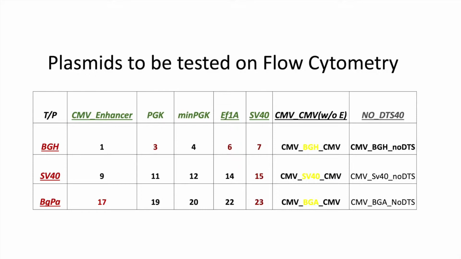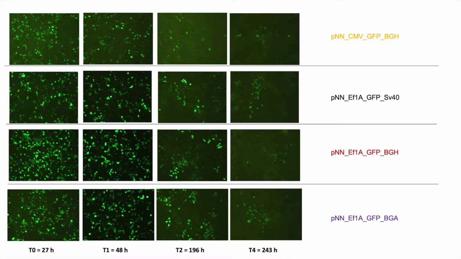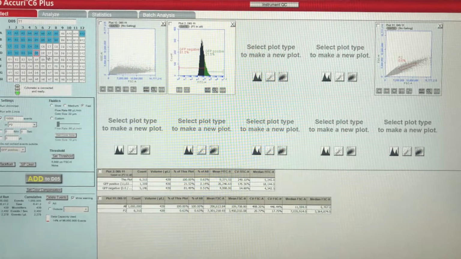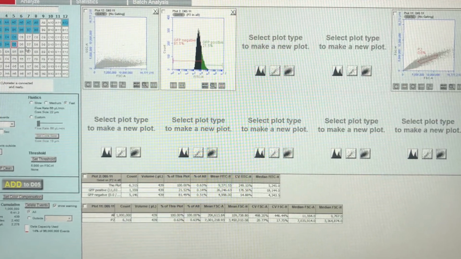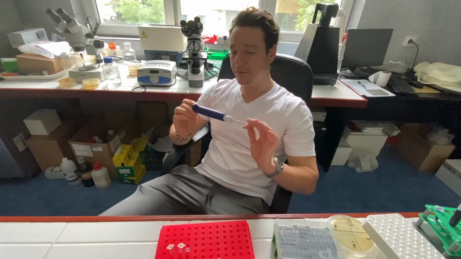In order to accomplish that, I transfected several of my plasmids, each with its own promoter and terminator, with a GFP gene, a green fluorescent protein gene, into HepG2 cells. Then I measured the fluorescence using a flow cytometer. Basically, I wanted to see three things.